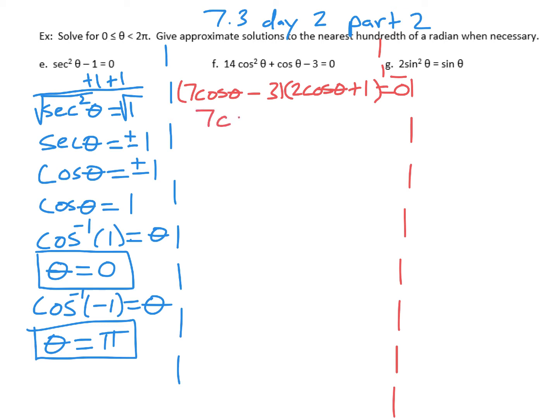So first, I'm going to deal with this. And really, the new piece is the factoring. Once we've got that done, you shouldn't see really anything new, right? From here, I'm going to solve 7 cosine theta minus 3 equals 0.